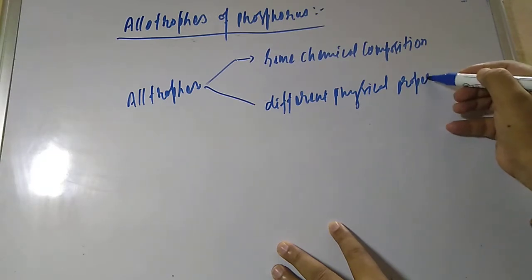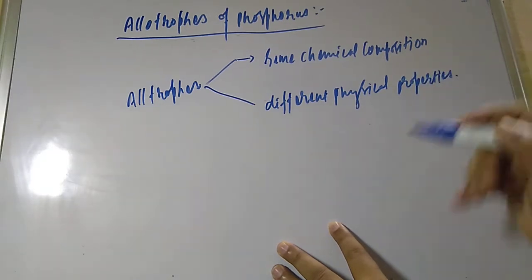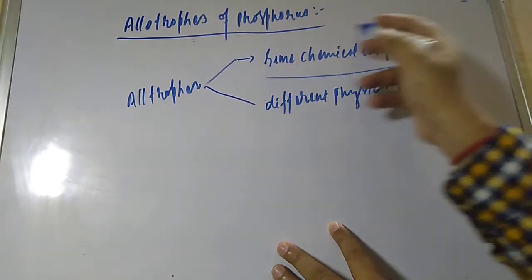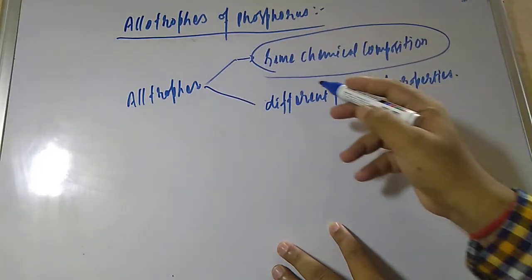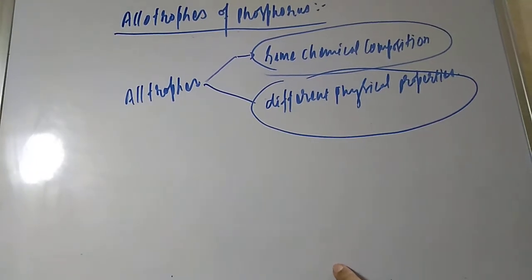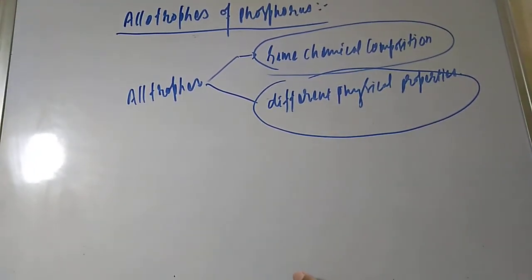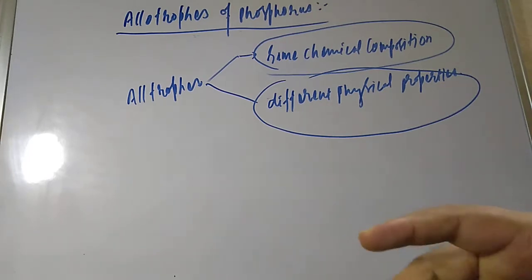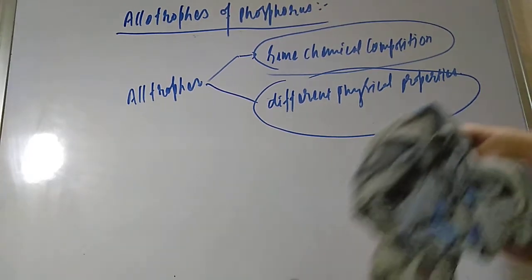So these two things are there for the allotrope. Means chemically these compounds are the same, but physically they are in different forms. Some may be reactive, some may not be reactive, and some may have more number of atoms, some have less number of atoms, but the chemical composition will always be the same.